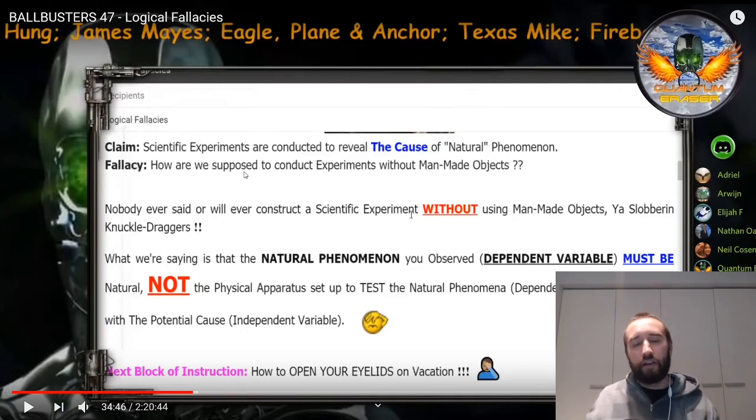And another thing is this obvious thing, that they think the not natural phenomenon is different from man-made, which it's not, as it has been multiple times explained to them that supernatural is the difference. But yeah, I don't think I'm going to have to say anything more about that.